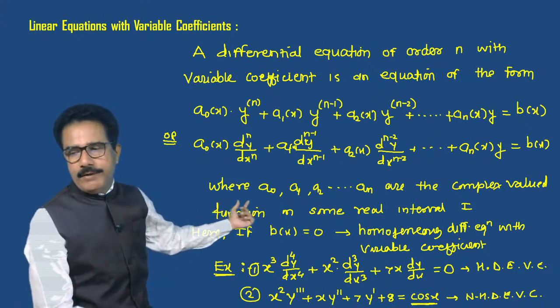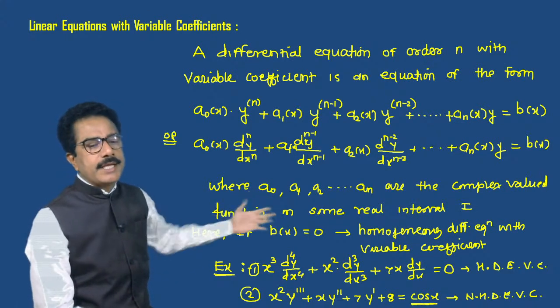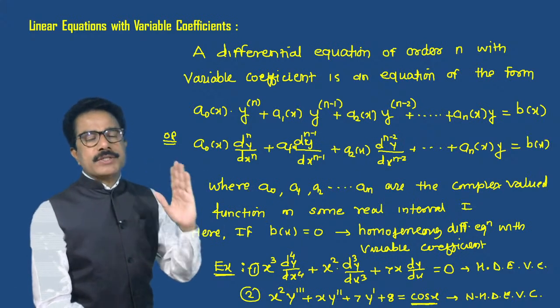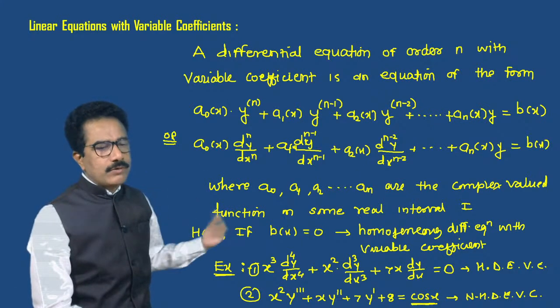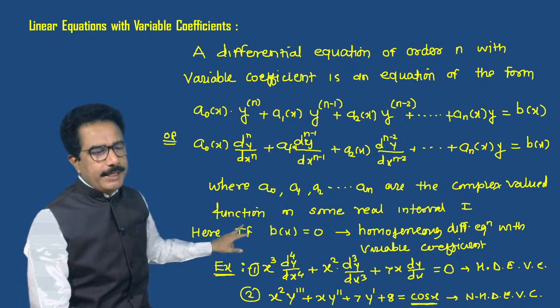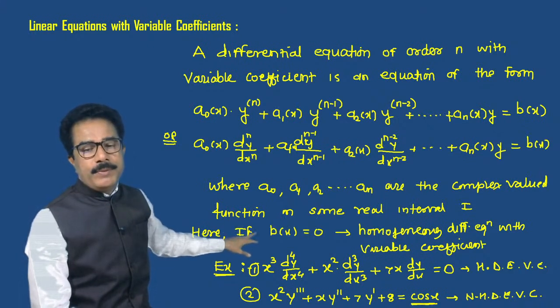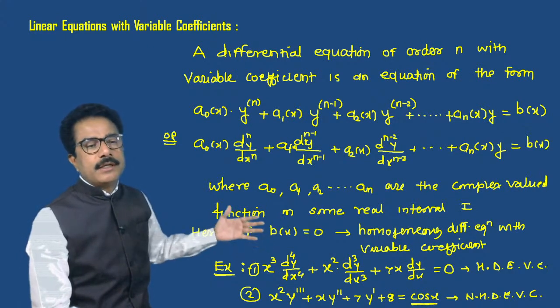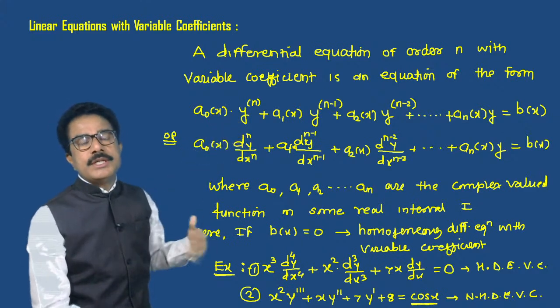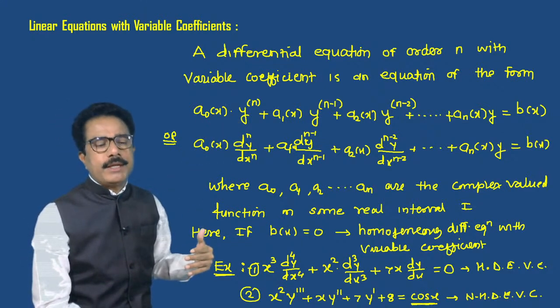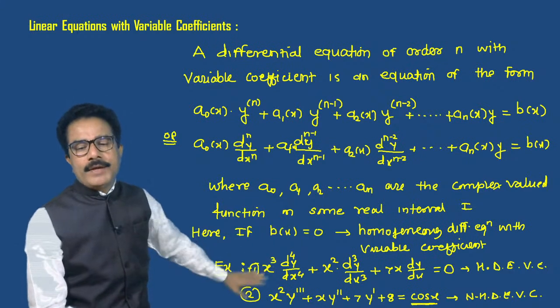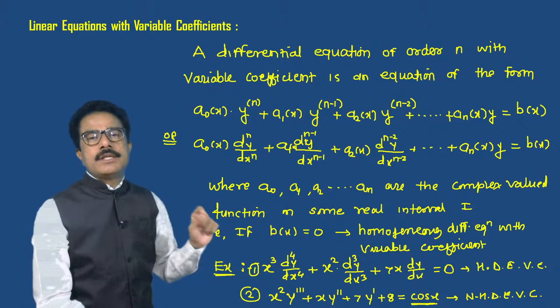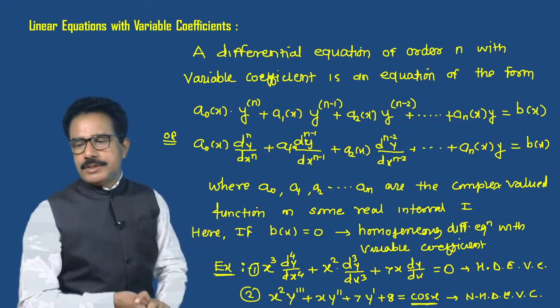Here a0, a1, a2, ..., an are complex valued functions on some real interval I. If b(x) is equal to 0, then this is a homogeneous differential equation with variable coefficients, and if b(x) is not equal to 0, then this is the non-homogeneous differential equation with variable coefficients.